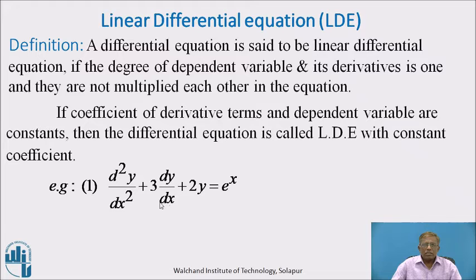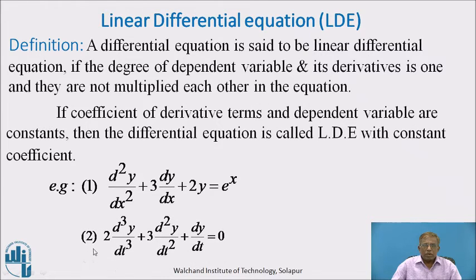So this differential equation is a linear differential equation. Also, the coefficients of the derivative terms are constant as well as the coefficient of the dependent variable y. Hence, this differential equation is also called linear differential equation with constant coefficients.